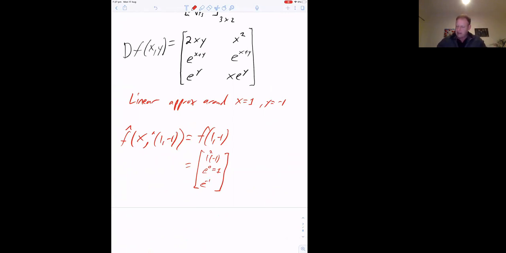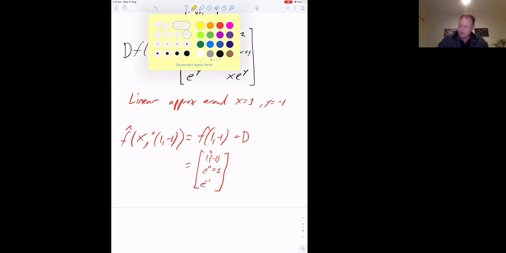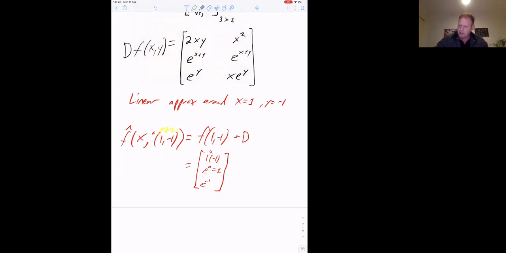Plus the Jacobian matrix evaluated at the point z. This is our point z. So I'm actually going to write the matrix now. I'm going to write 2 times 1 times -1, and 1 squared.